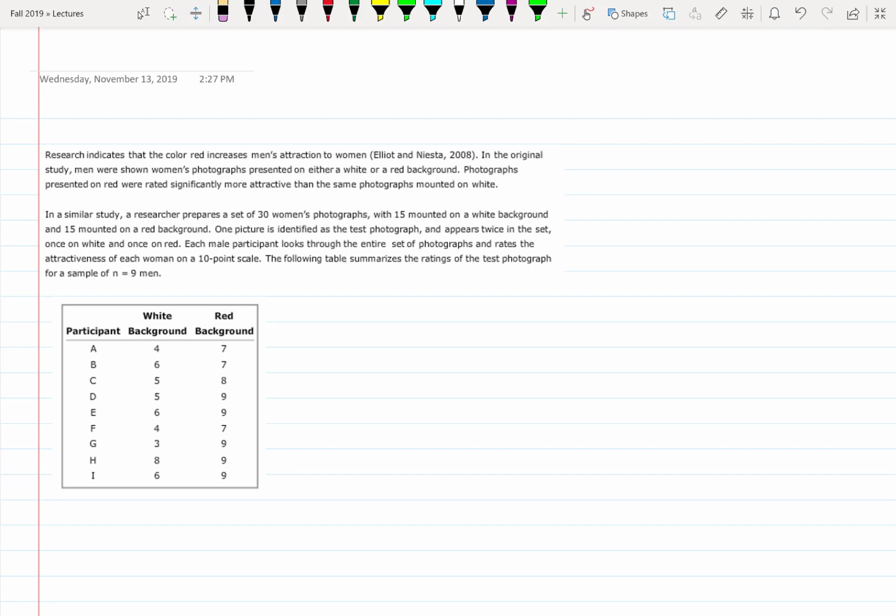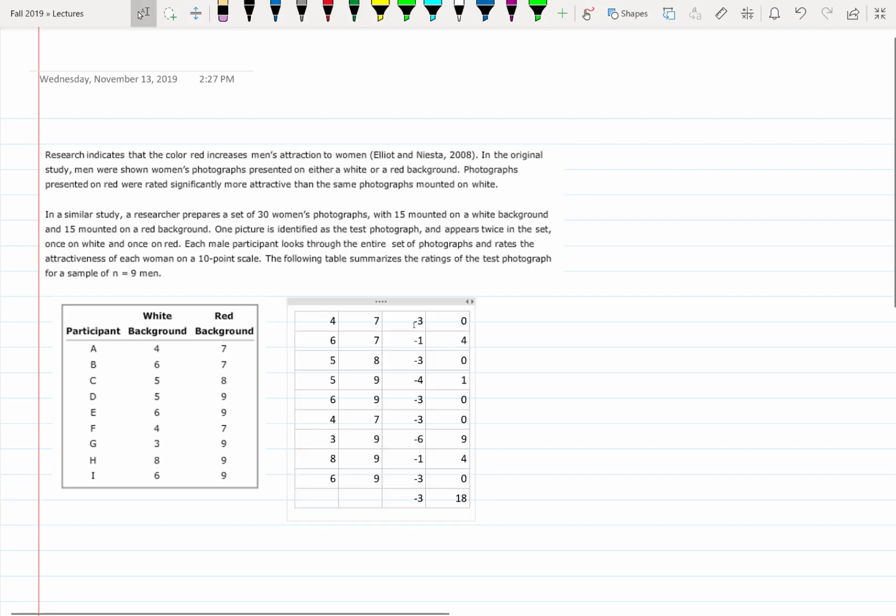All right. So what do we have and what do we need? Well, if we're making a comparison, then we are going to need some difference scores. Let me paste in some computations that I did using Excel. That's the correct data set.